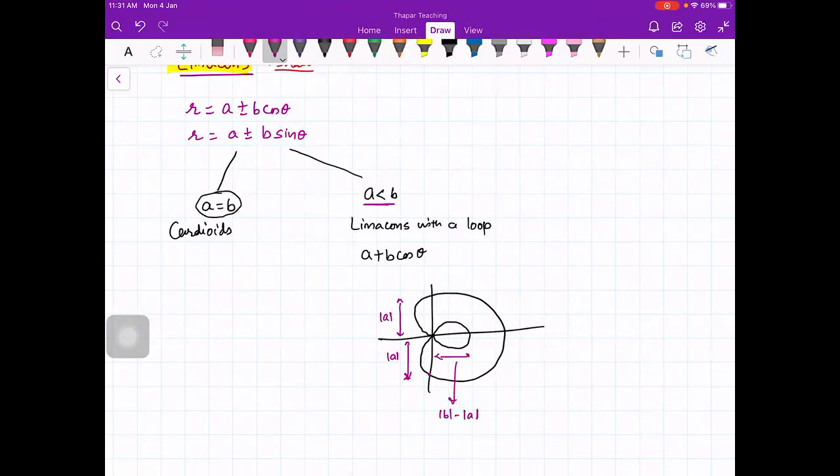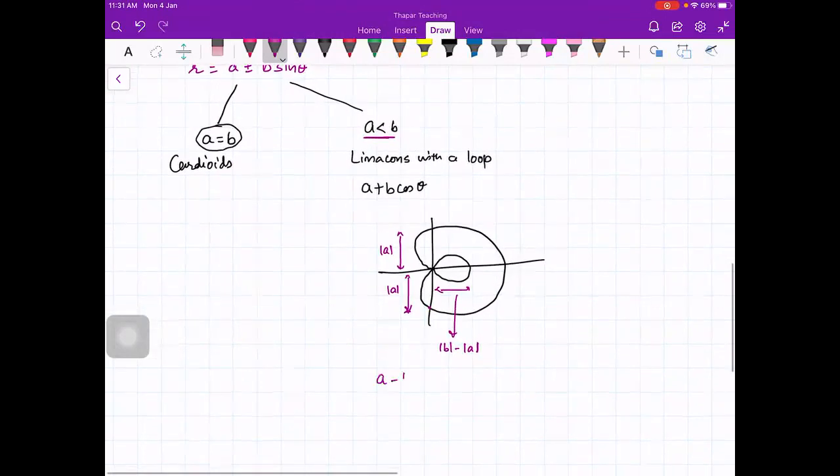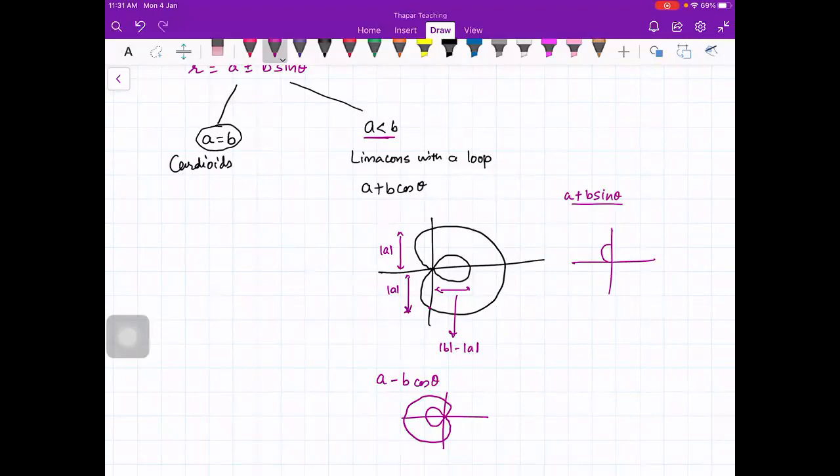Okay. And if you have a minus b cos theta, it will be on negative x-axis. Curve will be same, but it will be on negative x-axis, right? And if you have a plus b sine theta, it will be on y-axis, something like this.